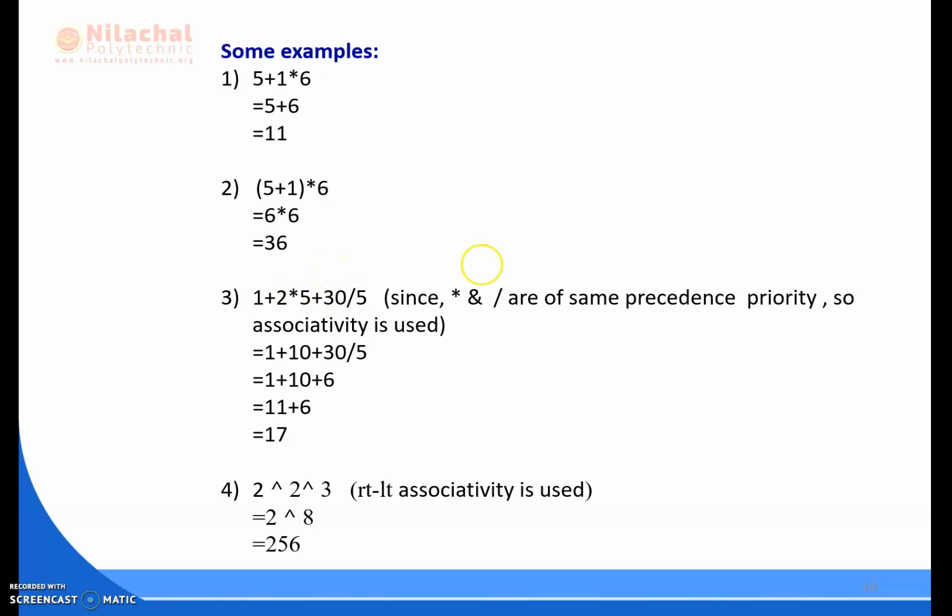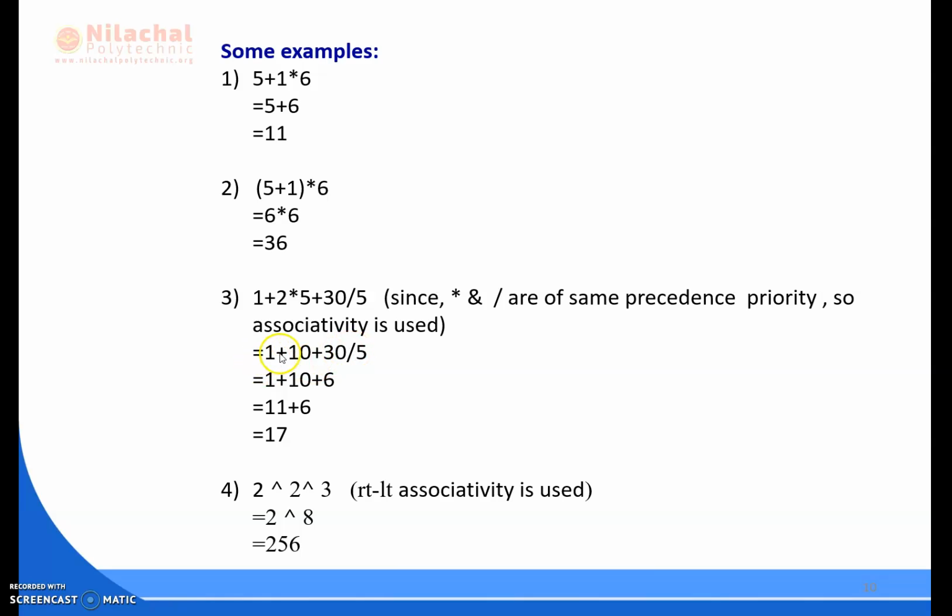So here we have to use the associativity rule where we move from left to right, so the multiplication comes first before the division sign. So we will be solving this expression first, that is 2 multiplied by 5, that is 10 here.